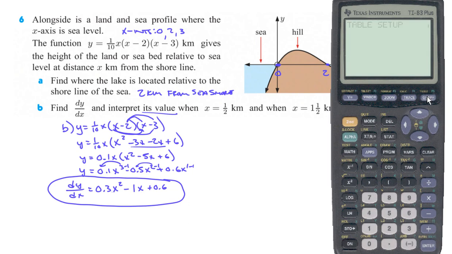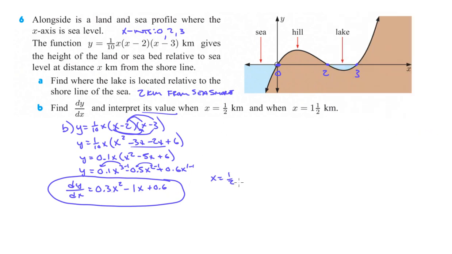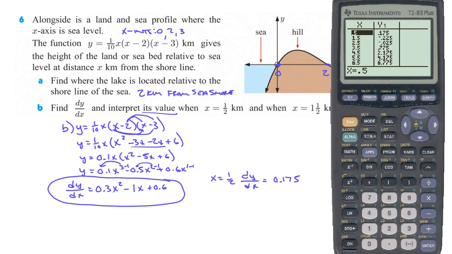So then we do second graph, which gives us our table, and it tells us at 0.5 we're at 0.175. So x equals 1/2, dy over dx equals 0.175, right?